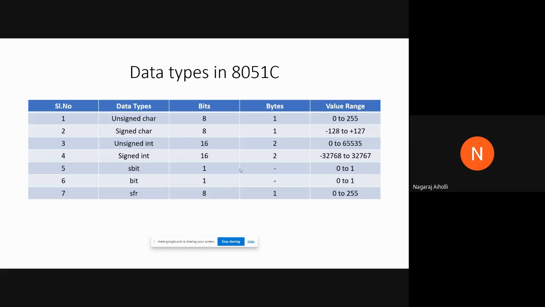Unsigned int, unsigned integer. Its maximum storage capacity is 16 bits, that is 2 bytes. The values range from 0 to 65,535. That is the range of the unsigned int data type. Next, signed integer.